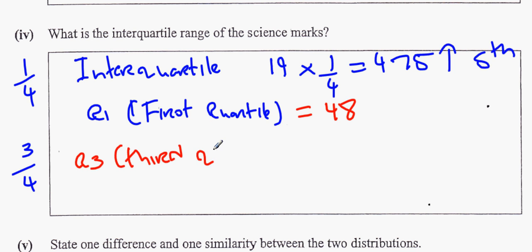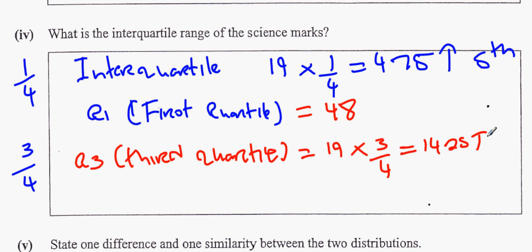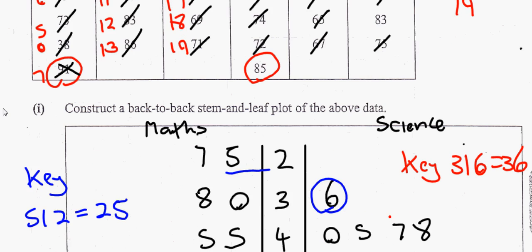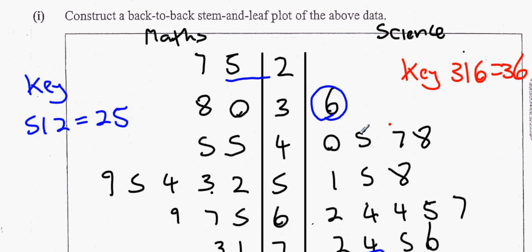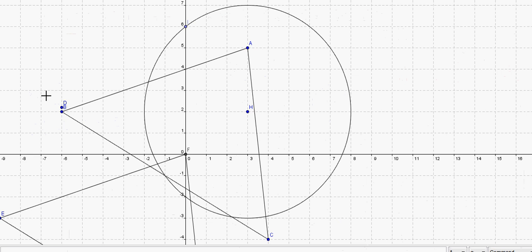What we've got to do here is multiply 19 by 3/4 and figure out what that is. So 19 multiplied by 3 divided by 4 gives 14.25. You've got to round it up to 15, so it's the 15th person. So let's find the 15th person in this stem and leaf plot for science. 1, 2, 3, 4, 5, 6, 7, 8, 9, 10, 11, 12, 13, 14, 15.